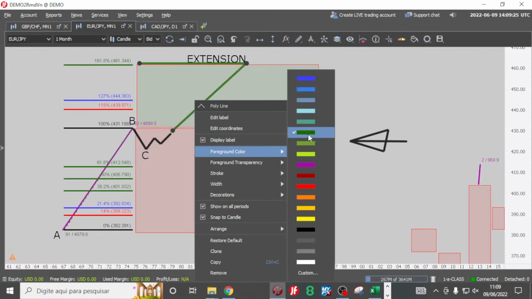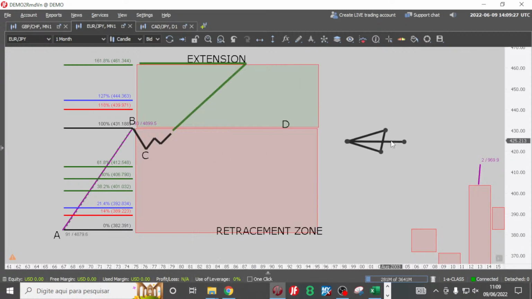Make sense? Green goes to green. So sometimes the market is going to do what is called the shallow retracement, and it's going to start to move up. Then if this is your C, this is your retracement on the C. The appropriate D extension is the 161.8 extension.